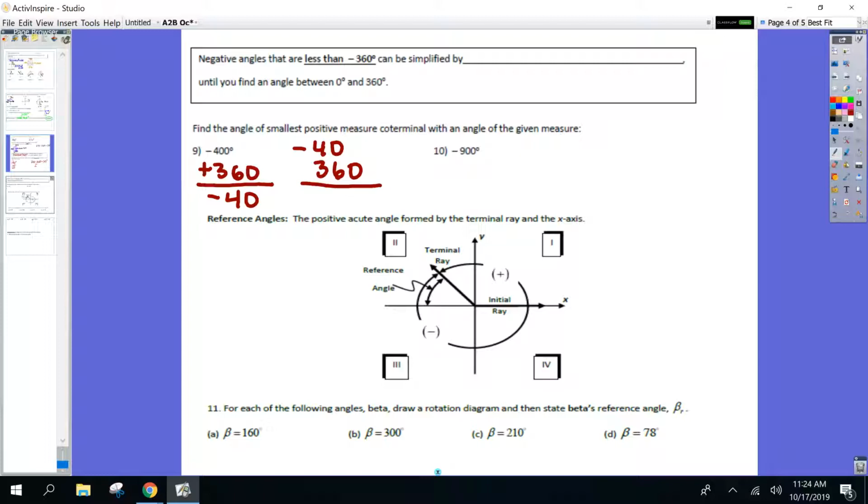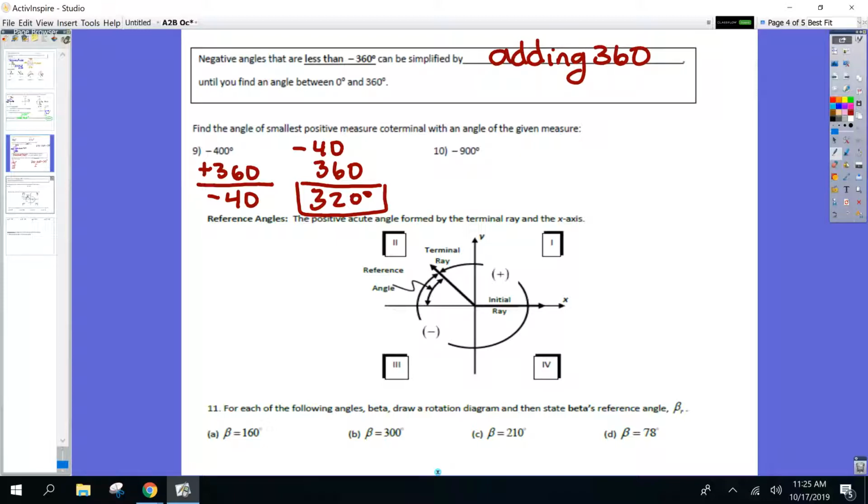So what is it coterminal with? 320 degrees, yep. So the rule is negative angles can be simplified by adding, what are you adding? 360 until you find that angle that's between it.